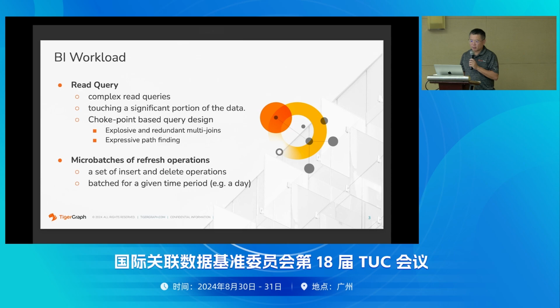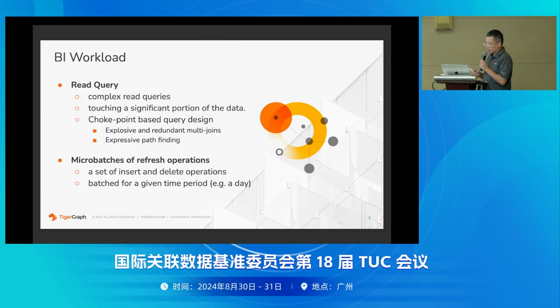So first, I'll give some background on the LDBC BI workload. It consists of 20 read queries. They are complex graph patterns touching a significant portion of the graph elements. The LDBC SNB BI benchmark is designed to choke the query engine based on graph patterns.